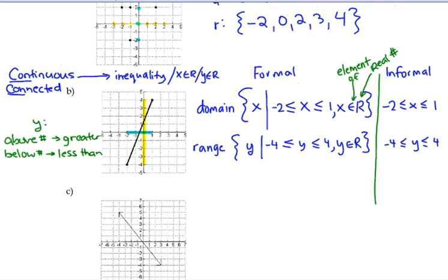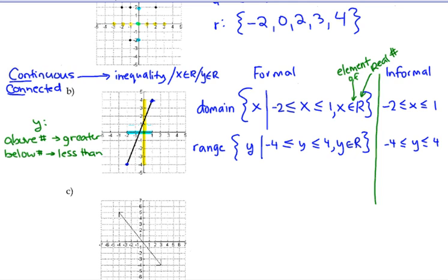So here, we were above -4, so all our numbers are greater than -4. And we were below 4, so all these numbers are less than 4. Oh, because it's a solid, right? It's because of this.